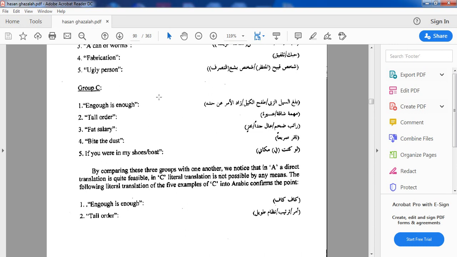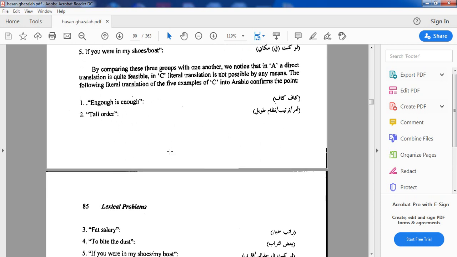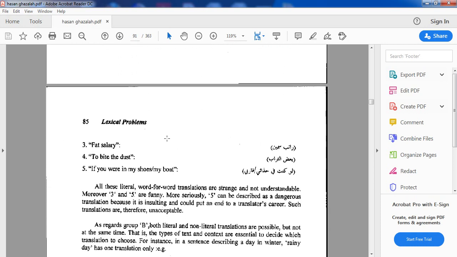So we don't have a meaning here, zero meaning. In group B, it accepts both methods of translation. And here those meanings are identified.